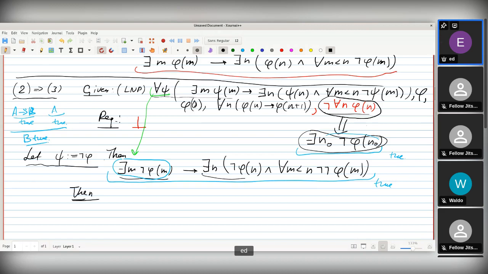So there exists n such that not phi of n, but for every m less than n, not not phi, that is just phi of m, holds. Is it clear?